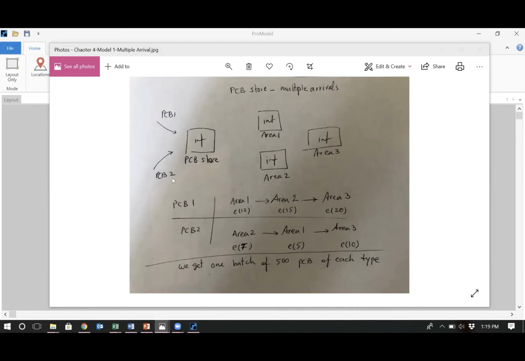I want you guys to please create a model, PCB store dash multiple arrivals, in the folder for week 3: create the locations, create the entities, create the arrivals, and you can also do the processes. And I will call your names and I'll check your progress as you go forward. Okay.